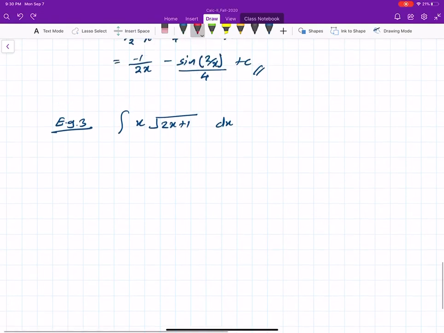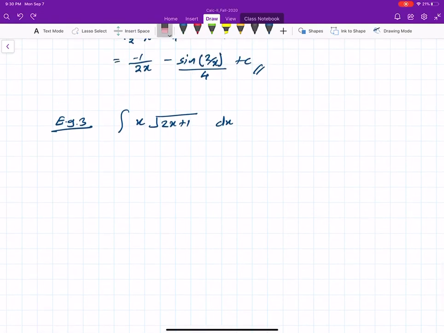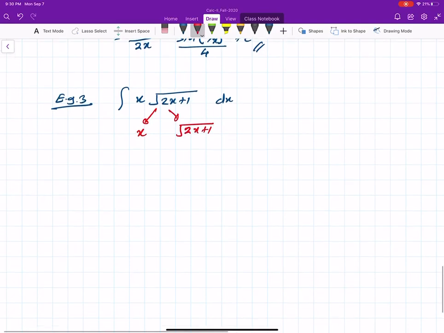Step number 1 is to split this into two functions. First function is x. The other function is the square root of 2x plus 1. And then you have to find a composite function. This is a composite function; it's a function inside another function. The outer function is the square root.